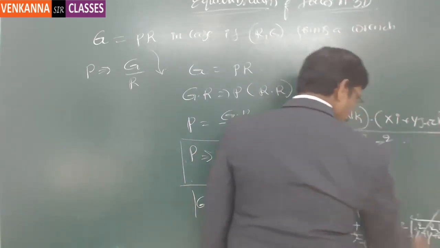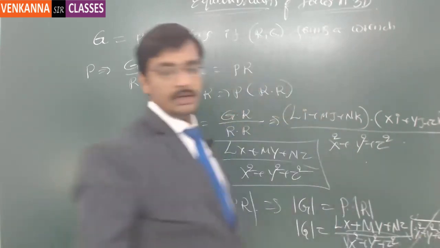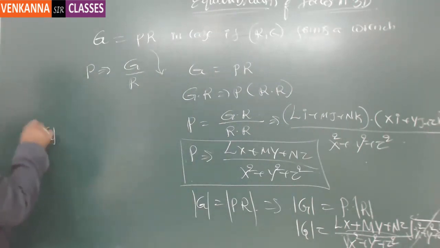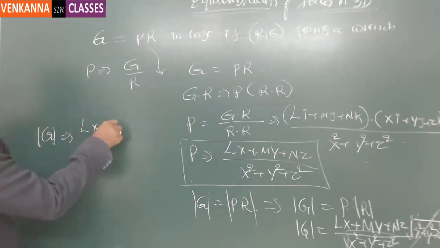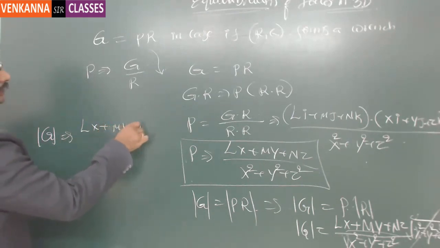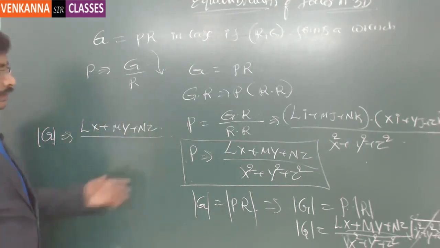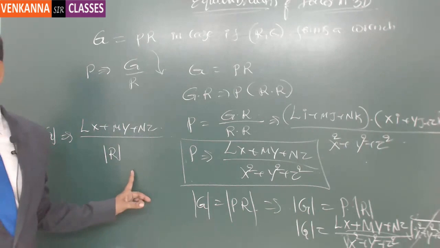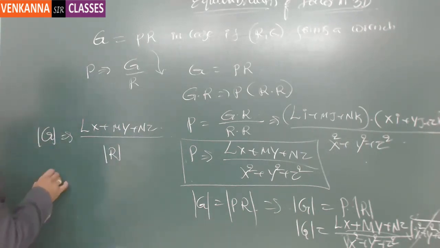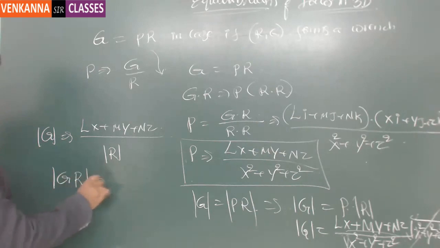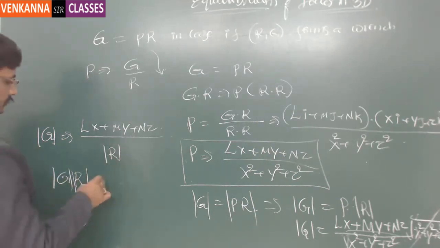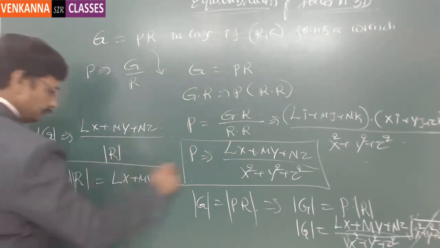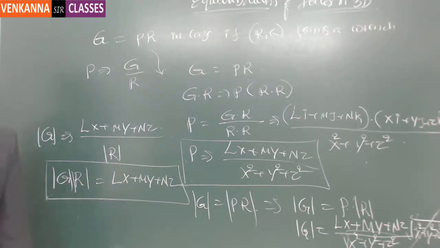So the denominator becomes the square root, and you can express this as mod G is equal to Lx plus My plus Nz divided by square root of X square plus Y square plus Z square, which is nothing but mod R. If you take it to the other side, mod G into mod R is equal to Lx plus My plus Nz. Got it? So this is the other relation.